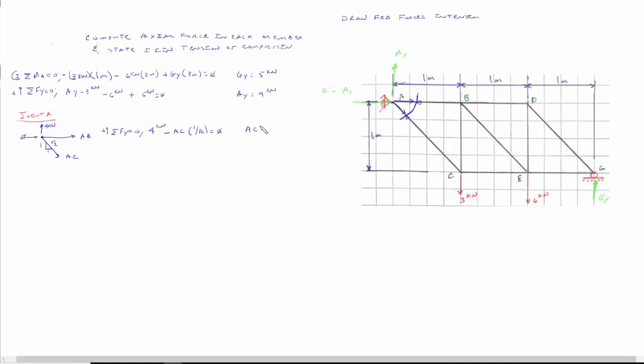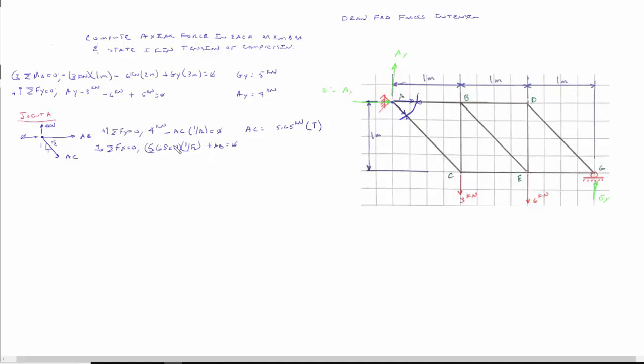Now, using those cool algebra skills, I can say that AC is going to equal 5.65 kilonewtons. Now, when I moved this over, it became positive. So my answer comes out positive. It's in tension. So I know that this right here is in tension. If I sum my forces in the x direction now, I have AC, which I know is 5.65 kilonewtons, times 1 over the square root of 2, plus AB.